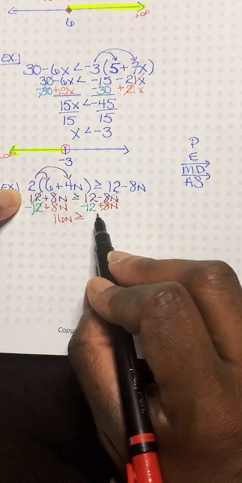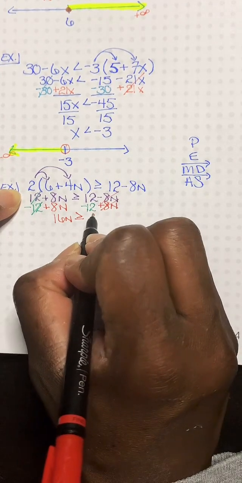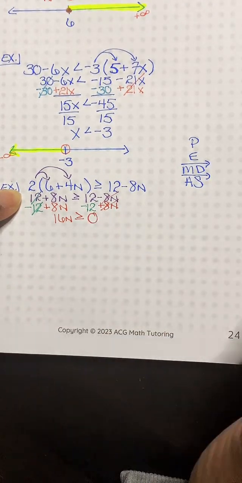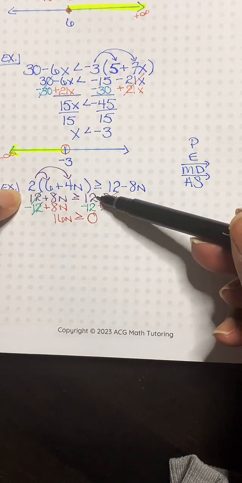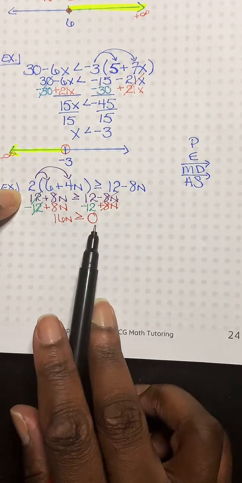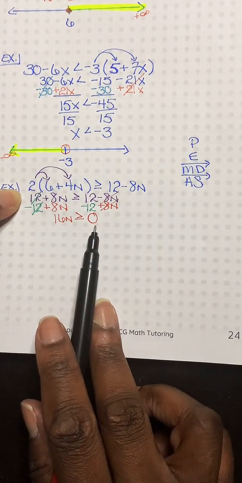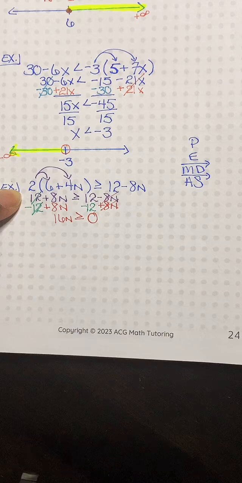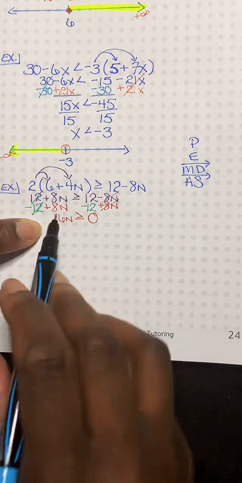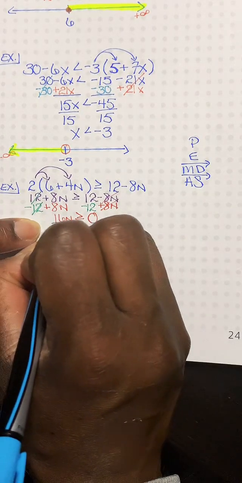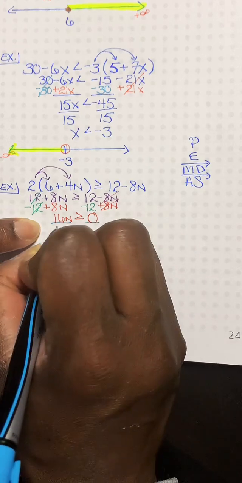And I need my 0 as a placeholder this time because my 8n's canceled out and my 12's canceled out. Now from here, you might want to solve for n. Just finish it out. I see a lot of people who say, here's your answer, we all know it's going to be 0, but just finish it out.